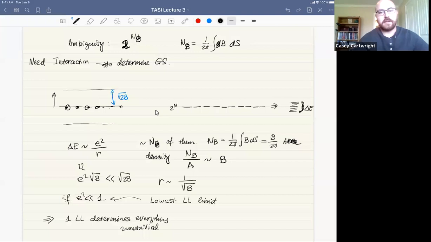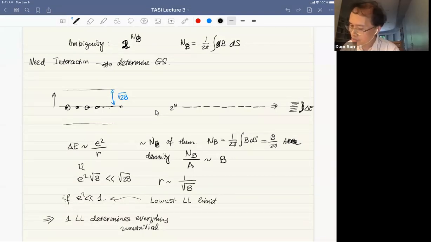Can I ask a question? I missed how you got the radius to be proportional to 1 over the square root of B. Okay, so here I'm saying the following. I imagine my system to be a collection of electrons, and R is the distance between two neighboring electrons. Now, when I try to estimate that, I have this zero mode and then a lot of filled Landau levels.